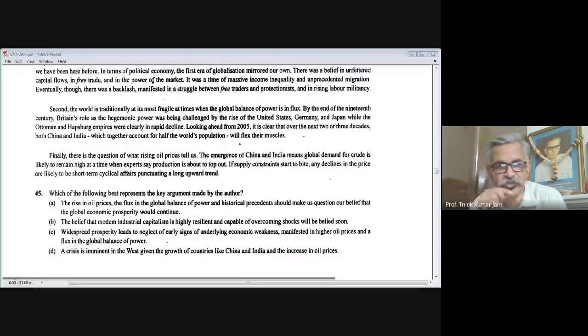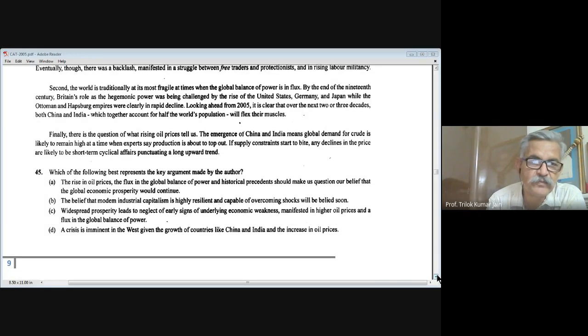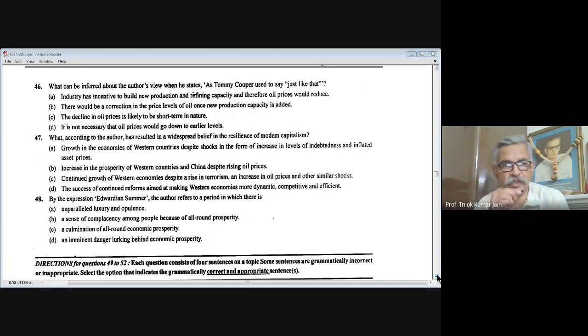We will attempt these questions. Which of the following best represents the key argument made by the author? Okay, so the arguments of the author we will try to see. Then 46, what can be inferred about the author's view when he says, as Tommy Cooper used to say, just like that? What, according to the author, has resulted in a widespread belief in the resilience of modern capitalism?